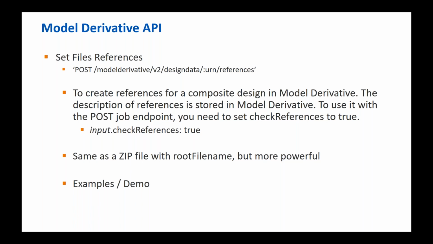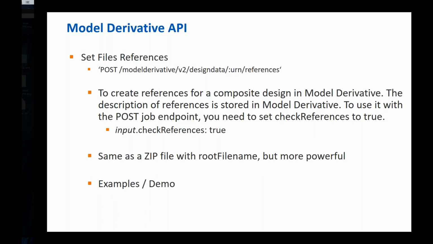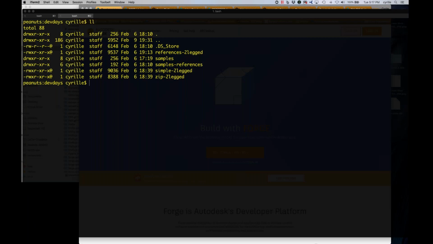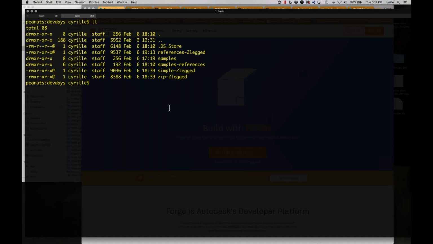So let's take a look at this. And we'll start with a little example I wrote, and I'll provide the source code if you're interested. I have the simple two-legged example, which is a batch script, which you want simply to translate a single file. You have the zip script.